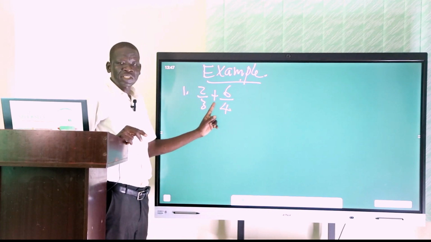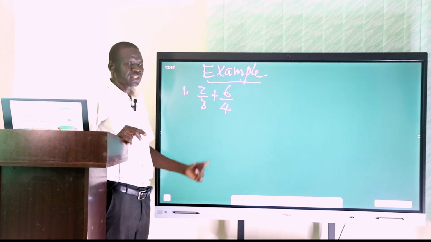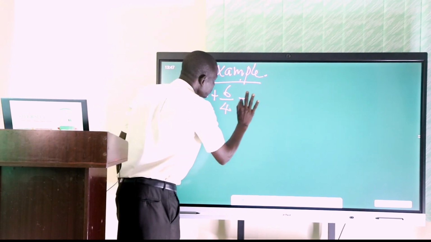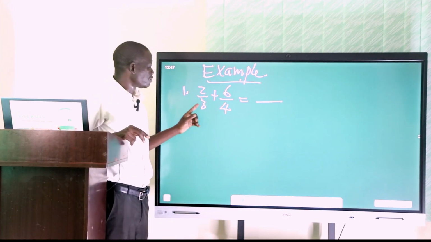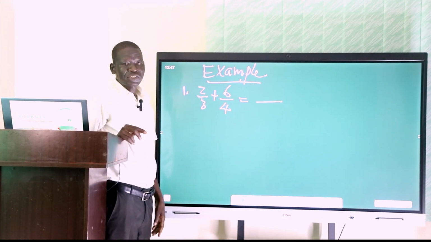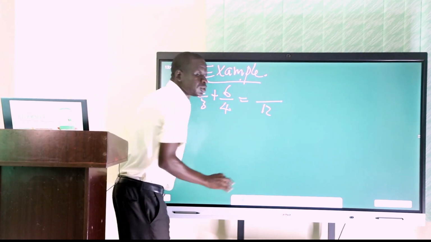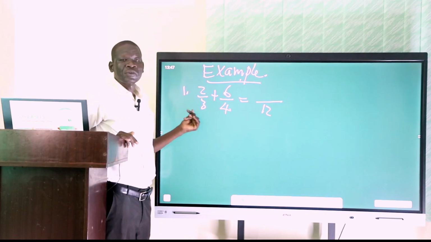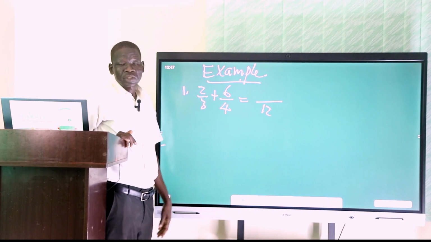So the denominators are not the same, so we get the LCM of 3 and 4, which is 12. We divide 12 by 3, we get 4.